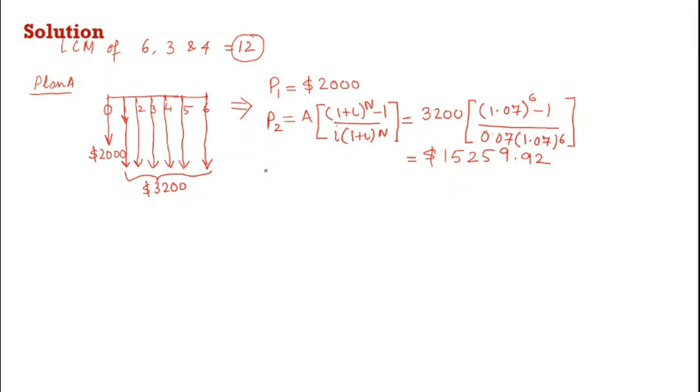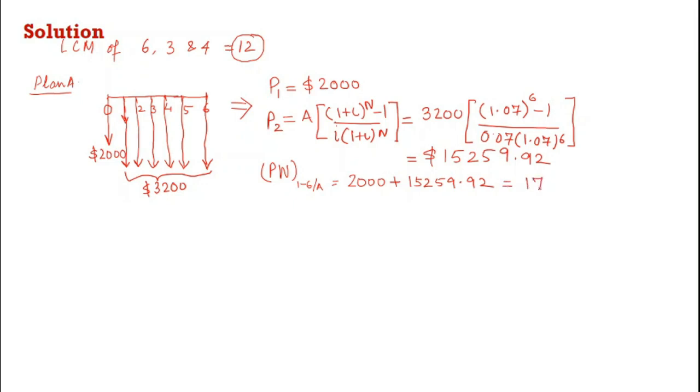Now just for 6 years, if I am interested in finding out the present worth, of course not up to 12 but rather 1 to 6 for option A, this will be equal to 2000 plus 15259.92. Both these arrows are in the same direction, so I'm adding them up.